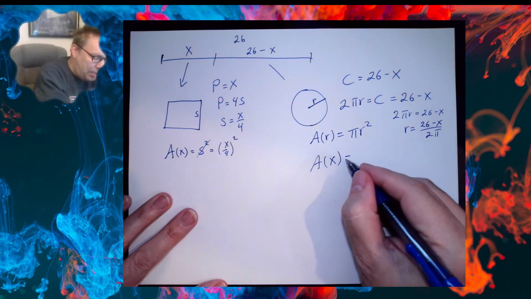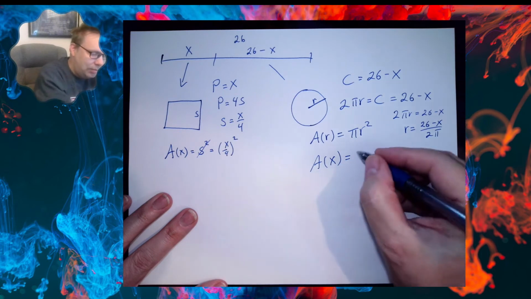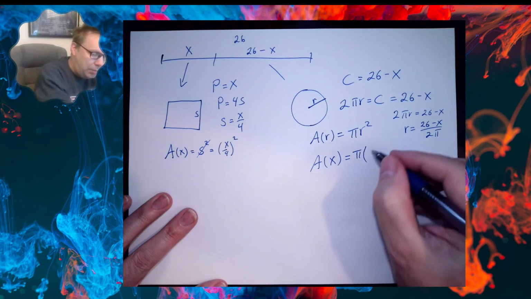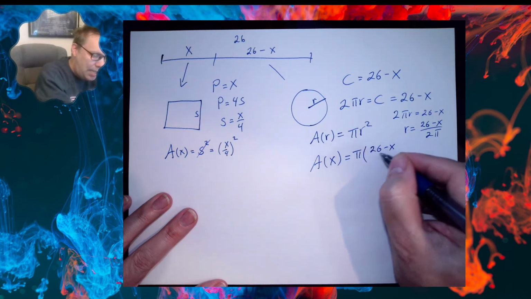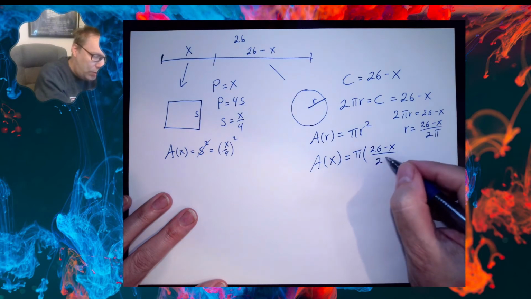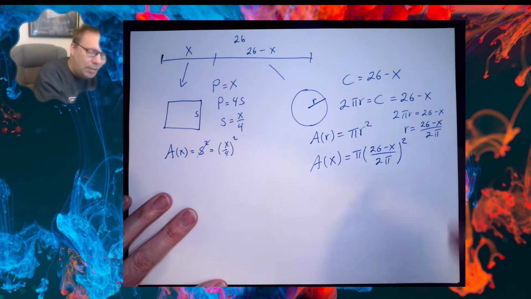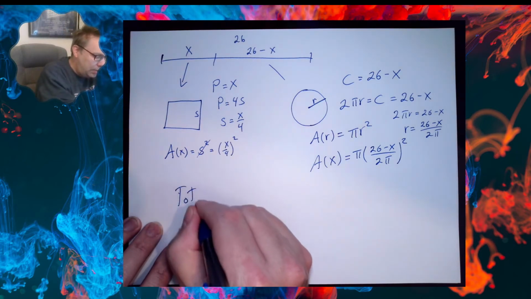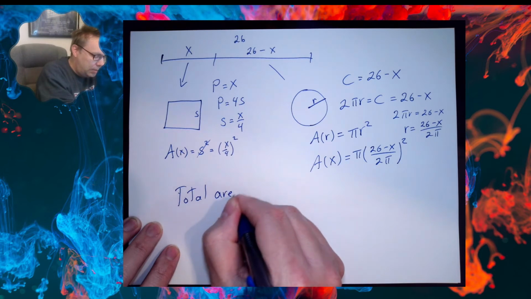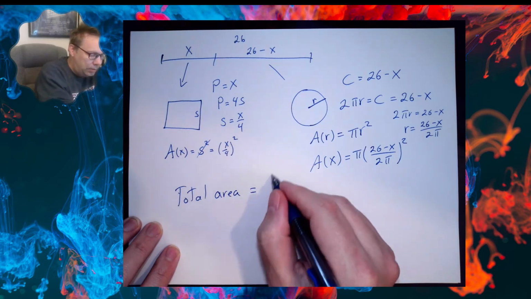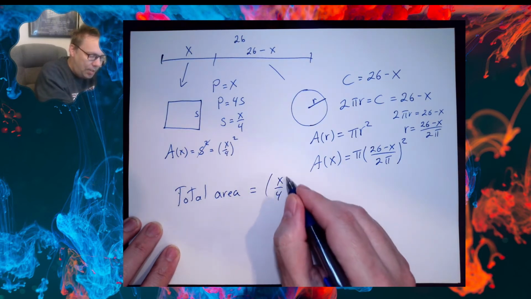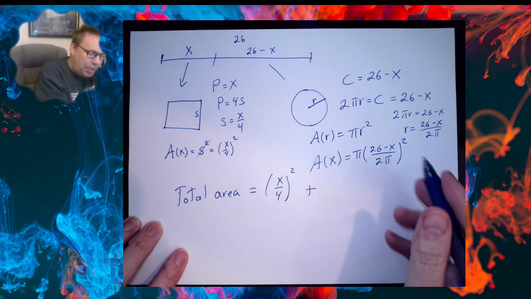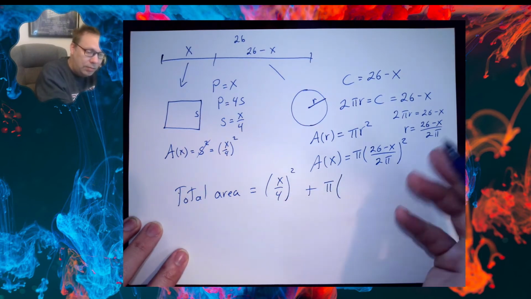So that means in terms of x, I get pi times ((26 minus x) all over 2 pi) squared. So what's my total area? Well, it's the area of the square plus the area of the circle.